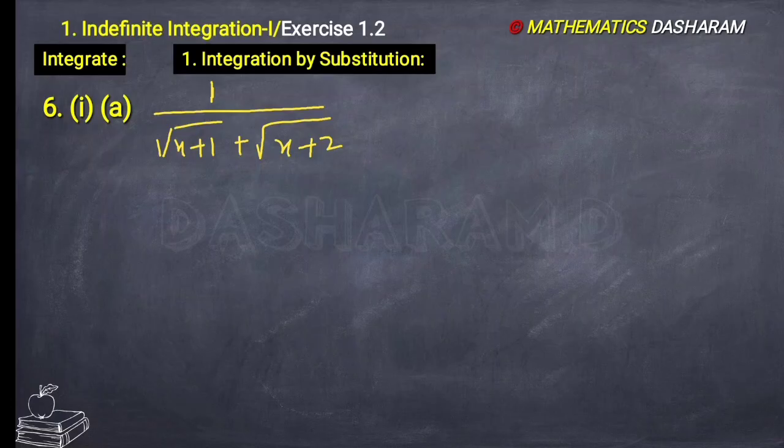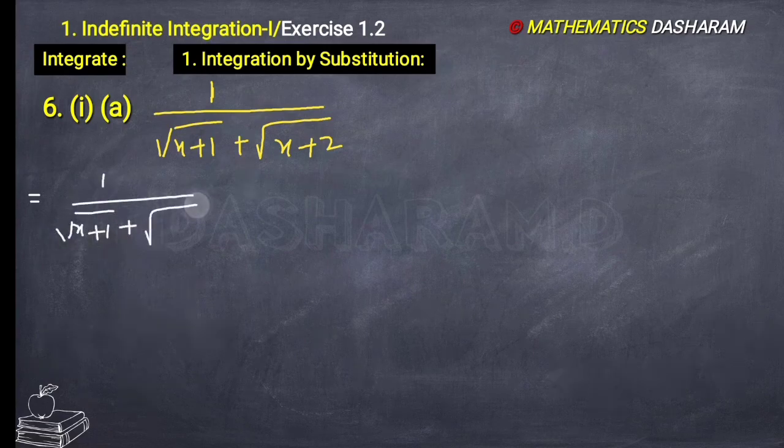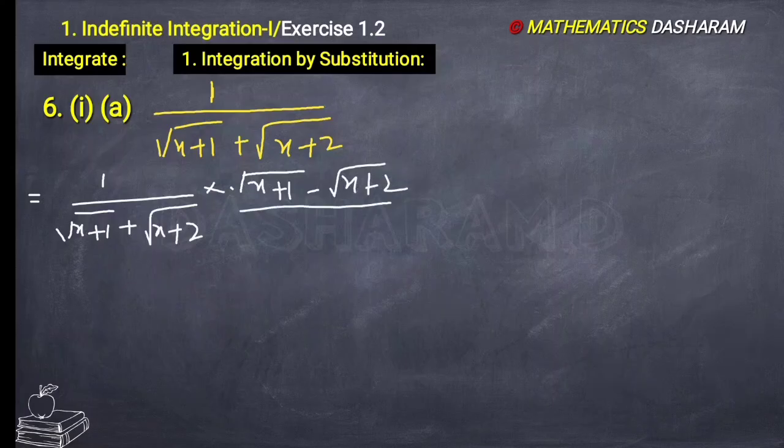6th, first problem: 1 by under root x plus 1 plus under root x plus 2. So 1 by root x plus 1 plus root x plus 2. Now this fraction, multiply and divide with root x plus 1 minus under root x plus 2 divided by under root x plus 1 minus under root x plus 2.